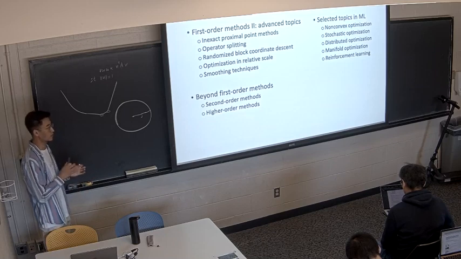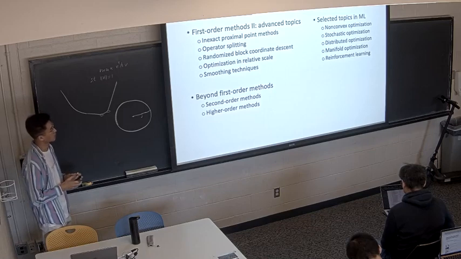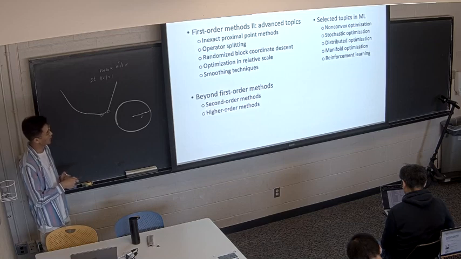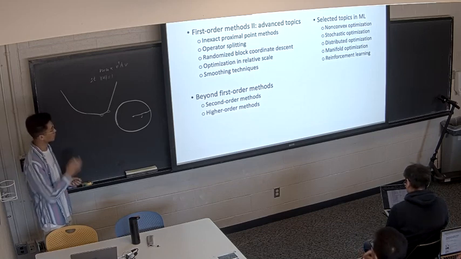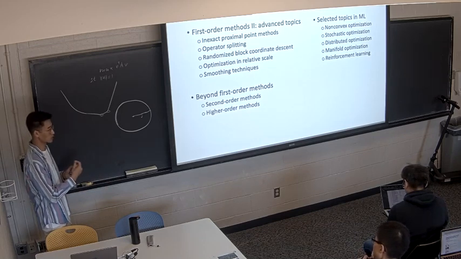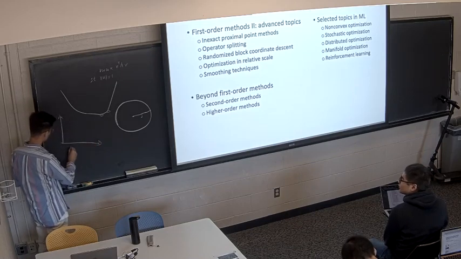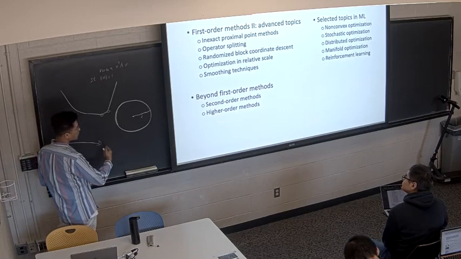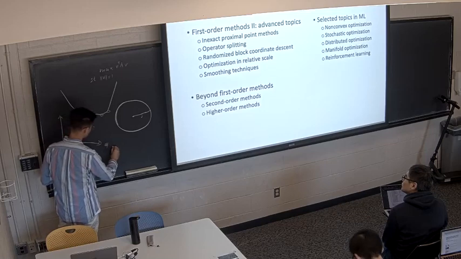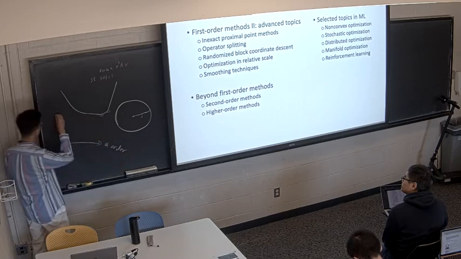But since second order is more computationally expensive than first order, needless to say the higher order methods are more expensive still. So there is again a trade-off between the iteration complexity and the computation you need to do for each iteration. So we will again talk about the complexity. But one thing I can guarantee is that the iteration complexity will decrease as the order you are using increases. So this is the number of orders of methods you want to use, and this is the complexity.